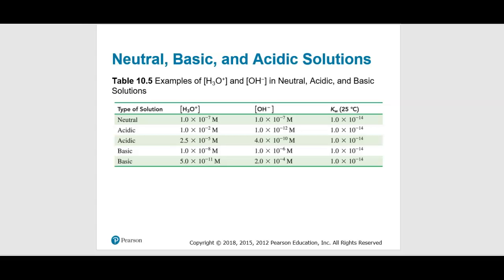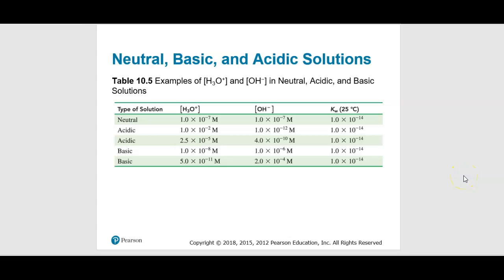Now, you should realize from this that if you're given the concentration of hydronium ion or the concentration of hydroxide ion, you can calculate the concentration of the other from this K sub W. So that, in fact, that's going to be one of the points of this particular section.